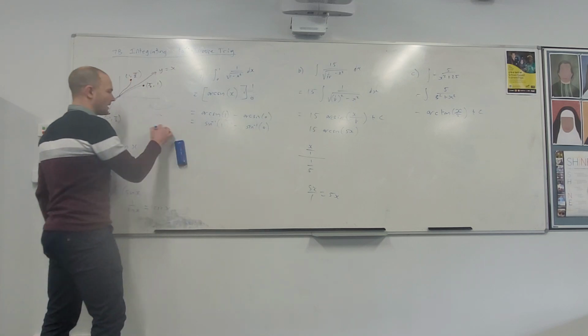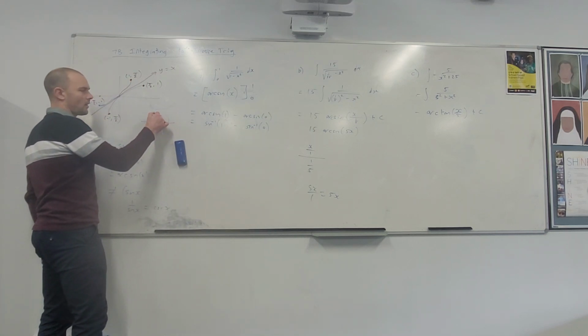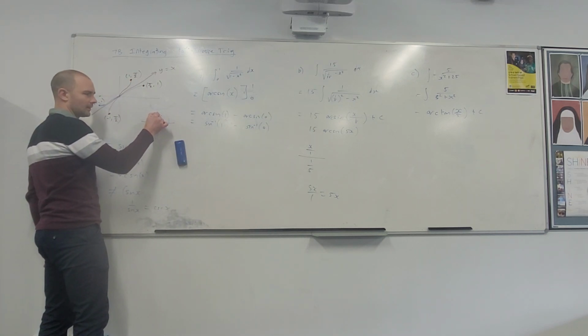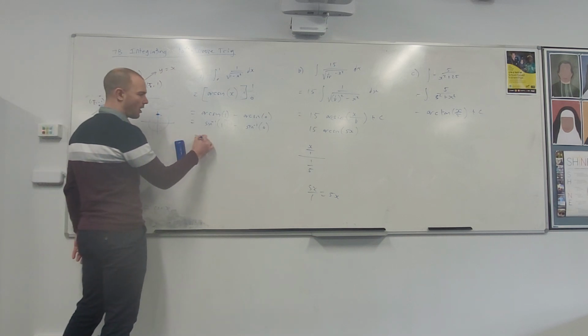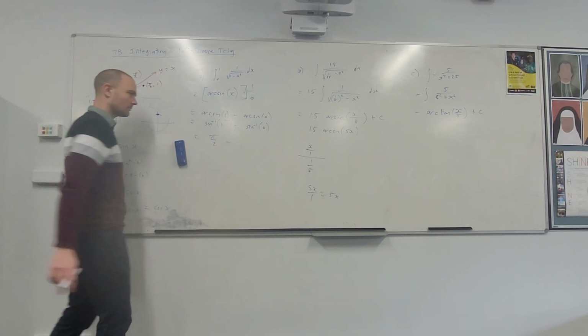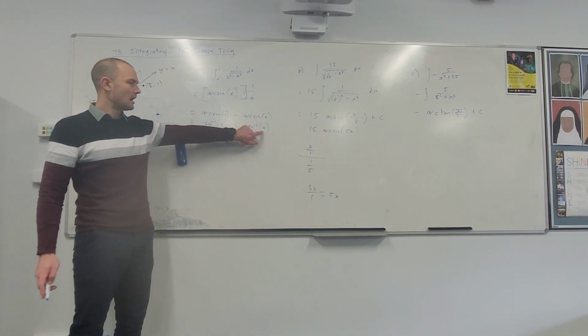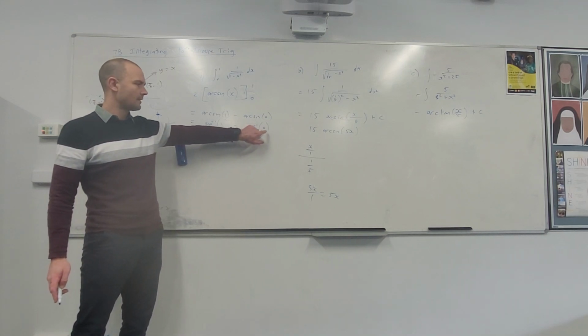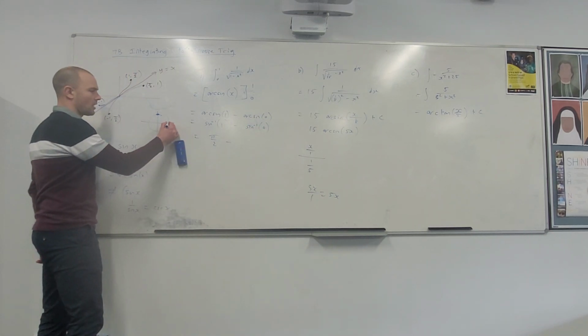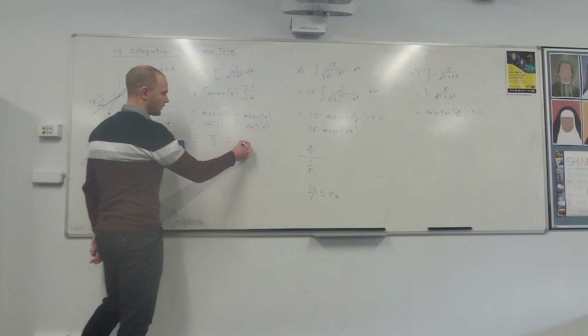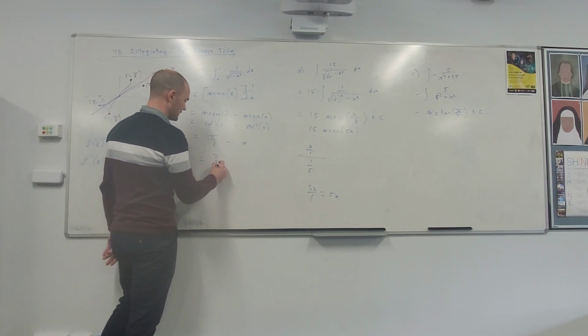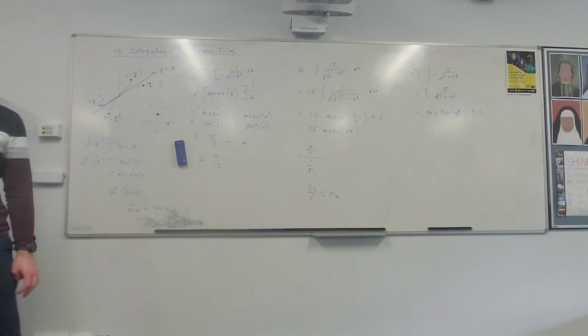If you think about your unit circle, the sine value is 1 at this location, the angle is pi on 2. And here, sine is 0 and the angle is 0. So our answer to this definite integral is pi on 2.